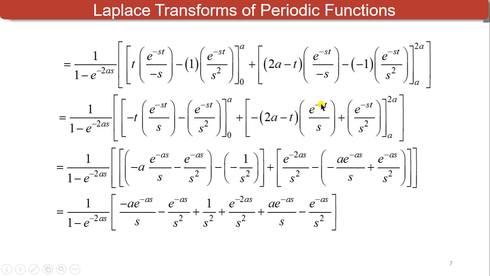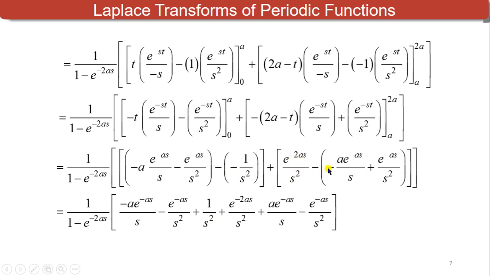So e power minus as by s plus, substitute here e power minus as by s square and simplify it. Minus a into e power minus as by s, here minus e power minus as by s square. So minus of minus plus 1 by s square, e power minus 2as by s square.